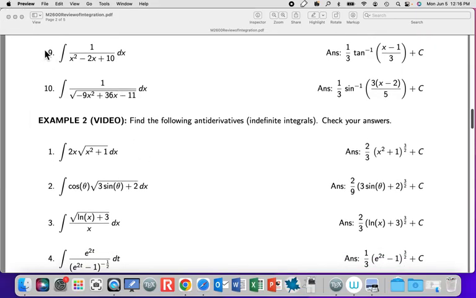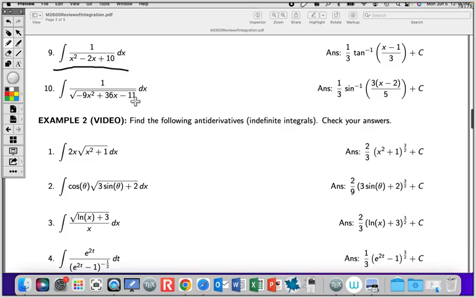All right, moving on to number 9. We're looking at the integral of 1 divided by x squared minus 2x plus 10. And once again, we talked about this in a previous example. Fractions don't work this way. You can't break the fraction up that way.